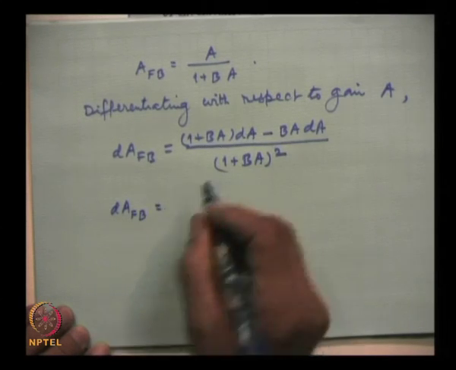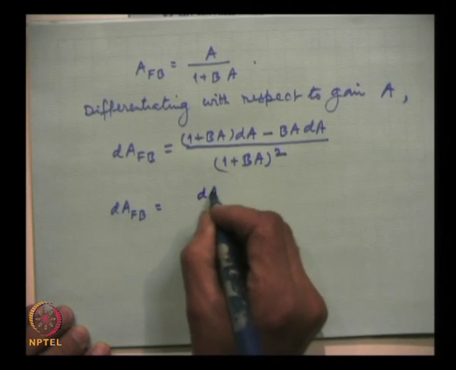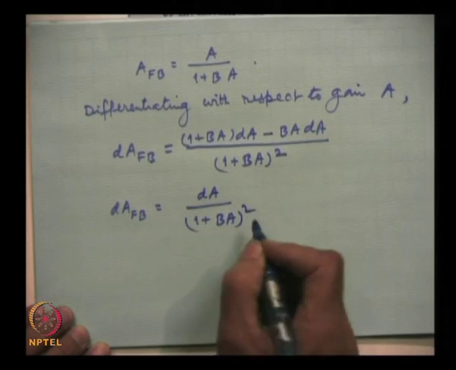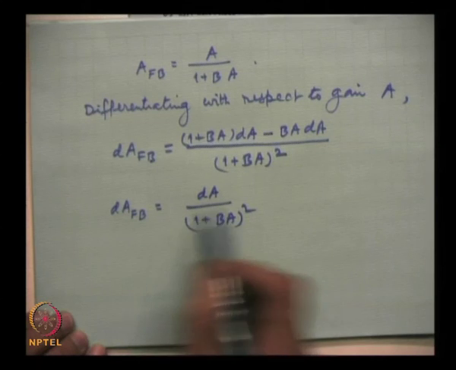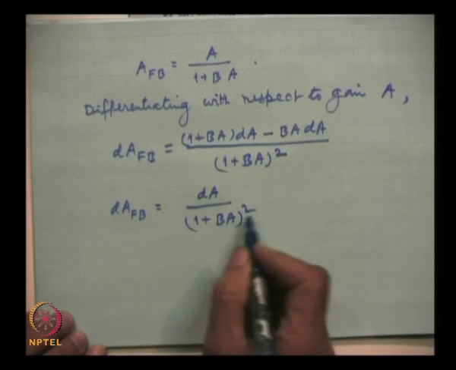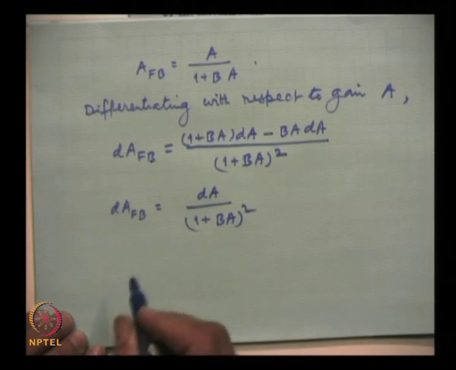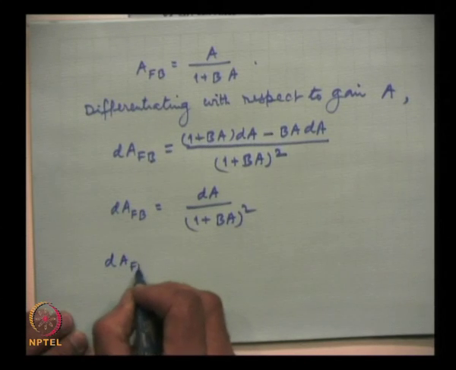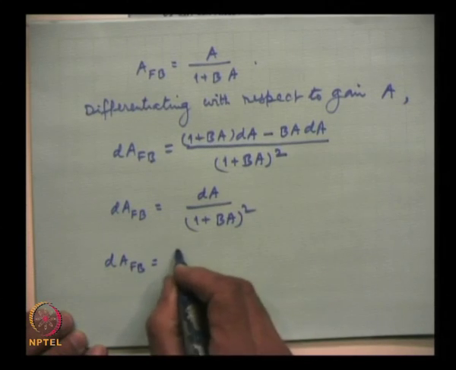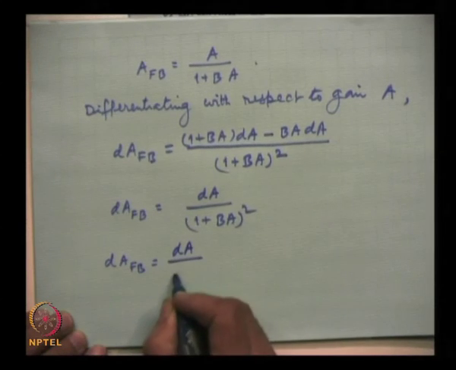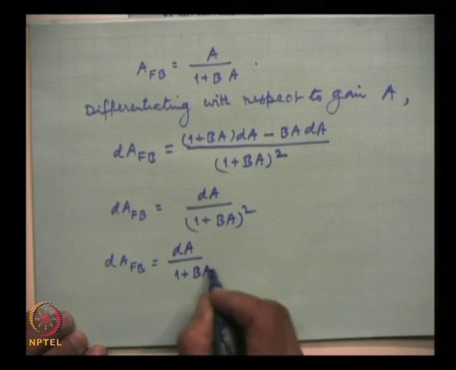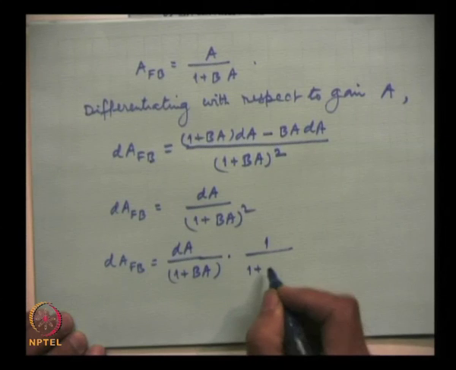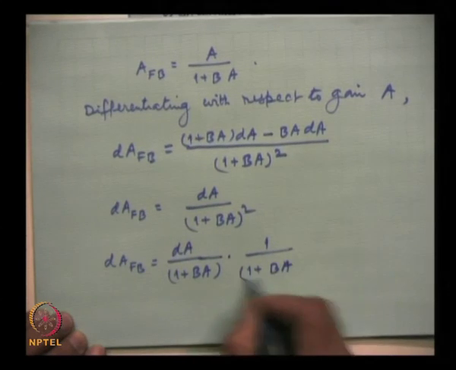Now, this can be rewritten by breaking this square term into two terms, so that dAFB is dA by (1 plus BA) into 1 by (1 plus BA).